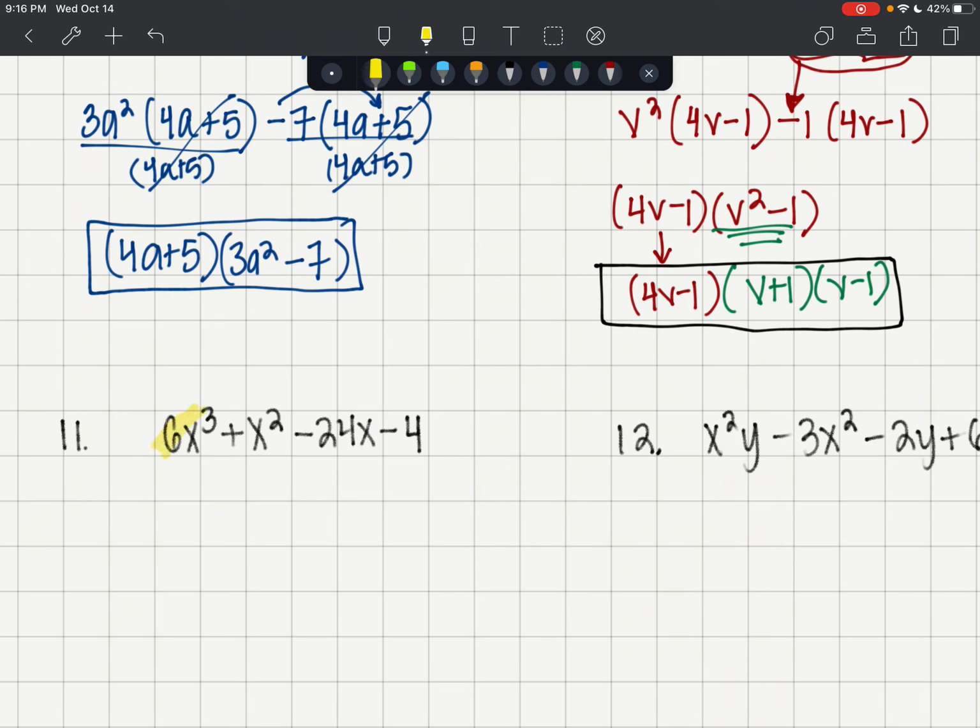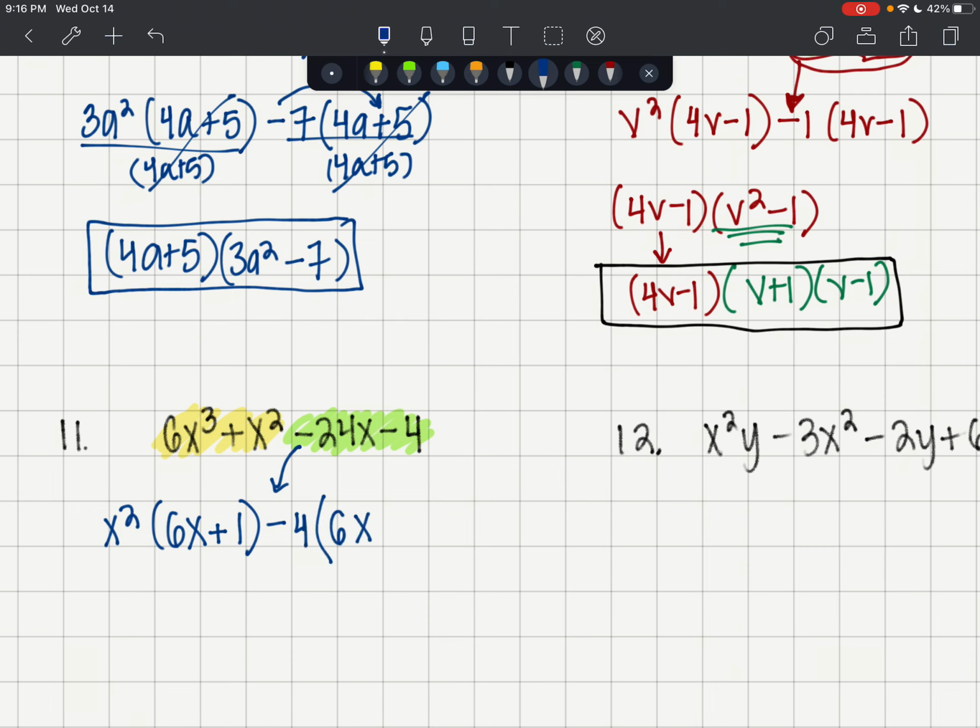Okay, let's highlight the first 2 terms. Let's highlight the last 2 terms. We'll factor out x squared. That's going to give us 6x plus 1. And then we can factor out the negative, and a 4 goes into 24 and 4.